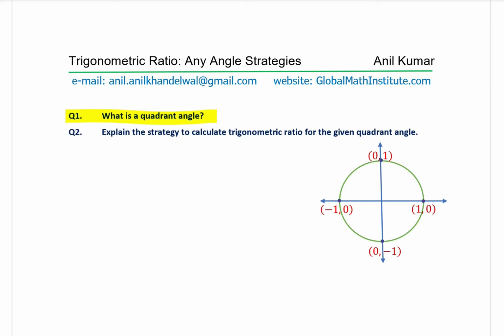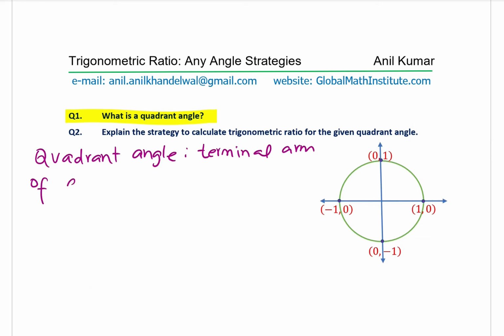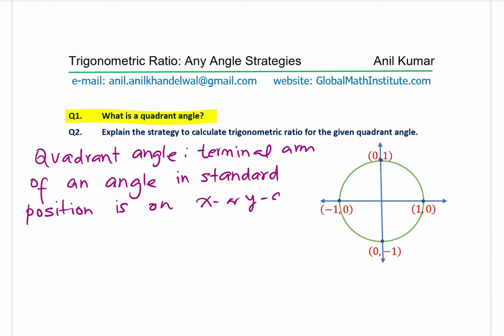So what we have understood here is that for a quadrant angle, the terminal arm of an angle in standard position is on x or y axis. So then we say quadrant angle.